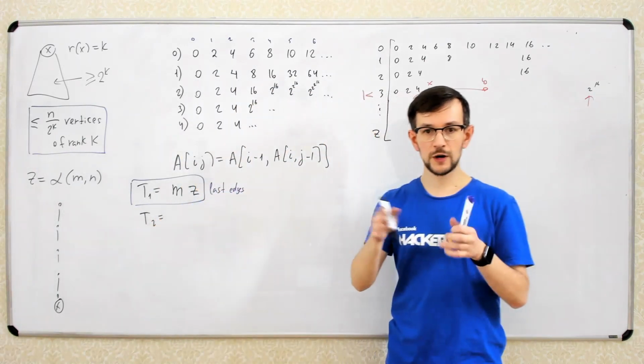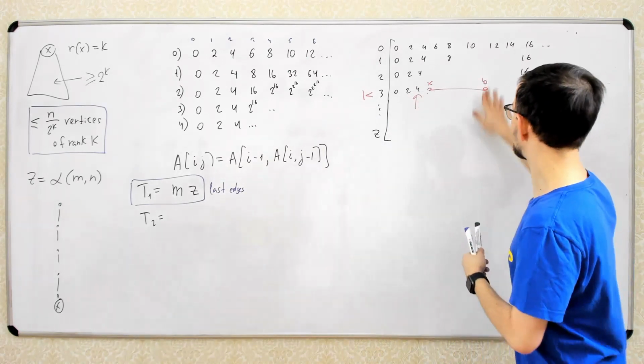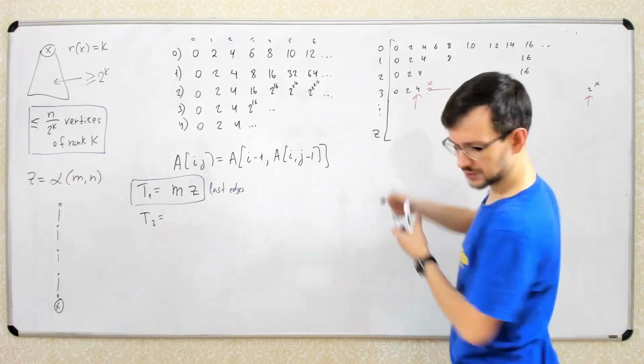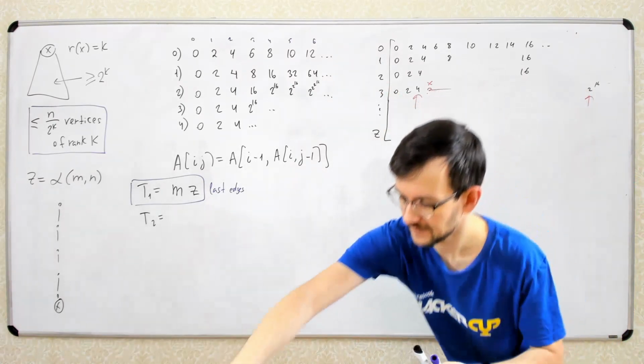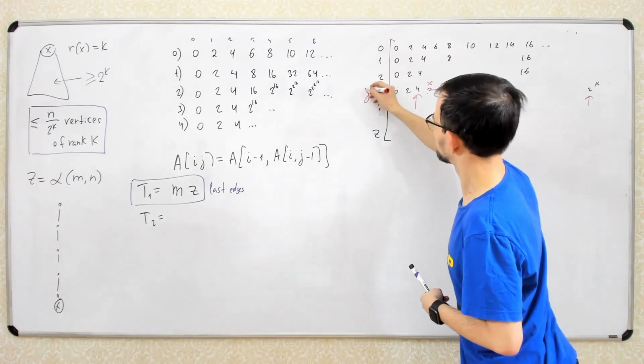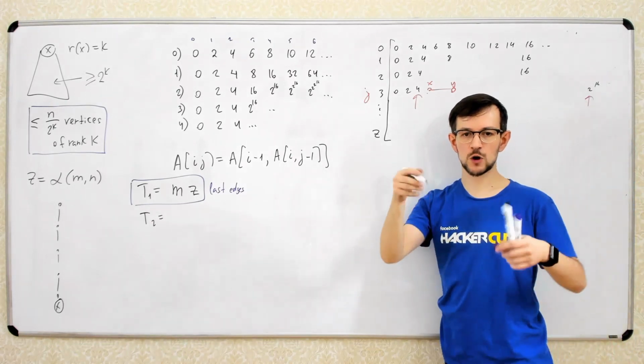Now, let's calculate not-last edges. What happens when you calculate a not-last edge? You have some edge of class J. What happens when it's not the last edge of its class? You apply path compression.